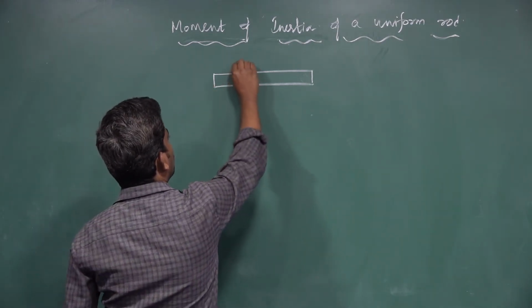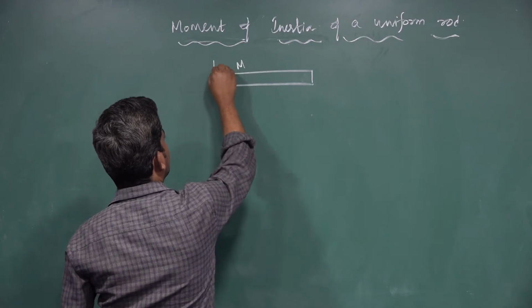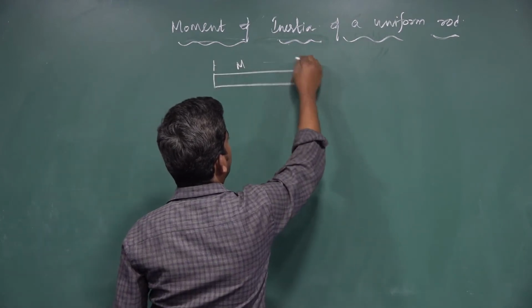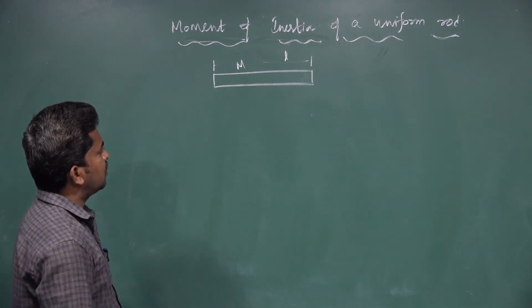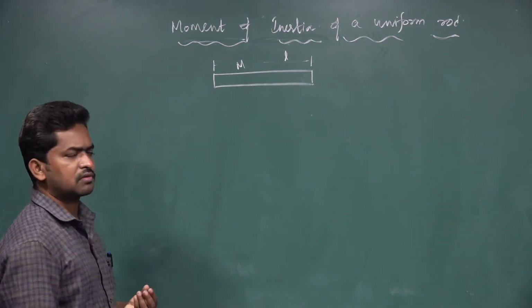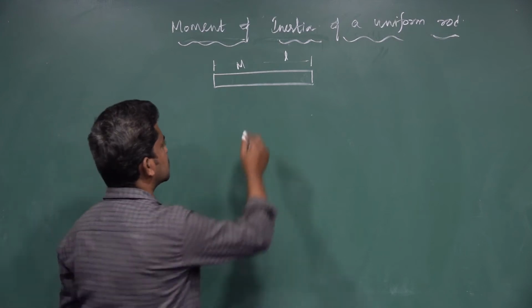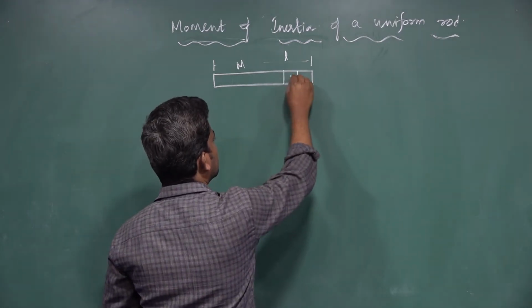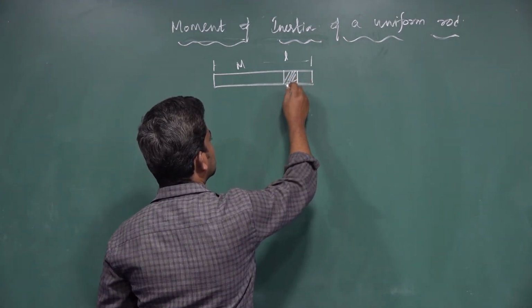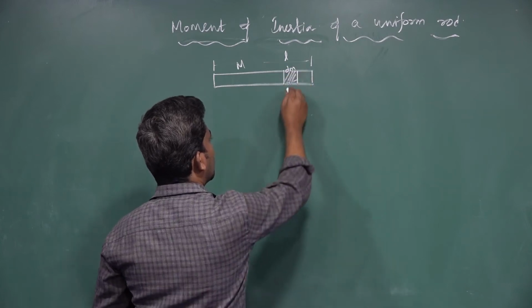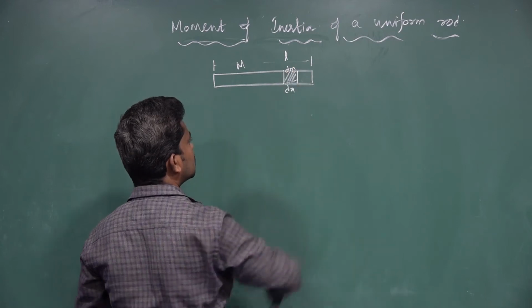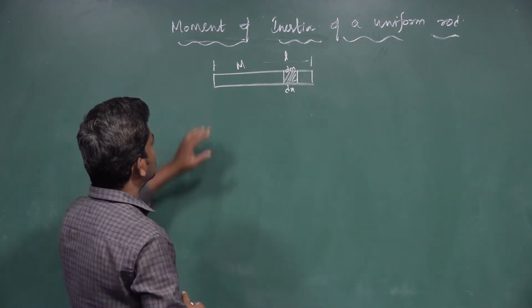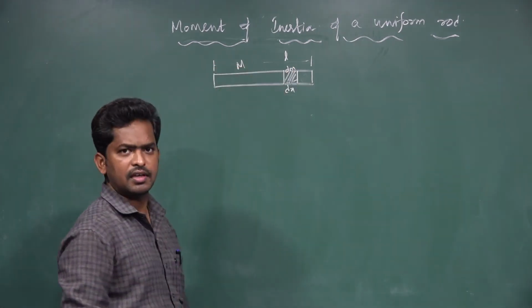The overall mass is m and the length of the rod is L. I want to take a small mass quantity over a distance of dx. This small mass is dm, and over the distance dx the quantity of mass is dm.